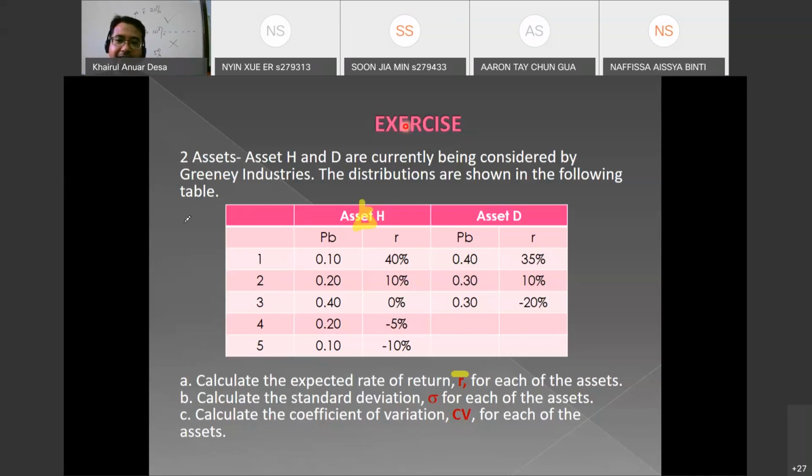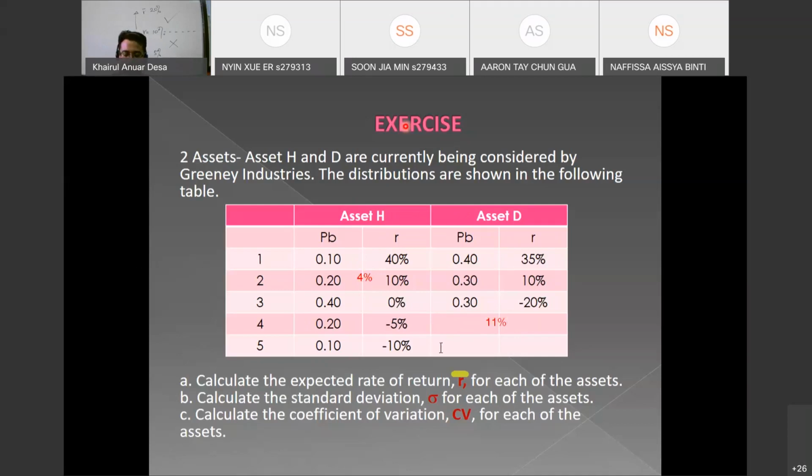Okay, here is 4% expected rate of return, and here is 11% expected rate of return.